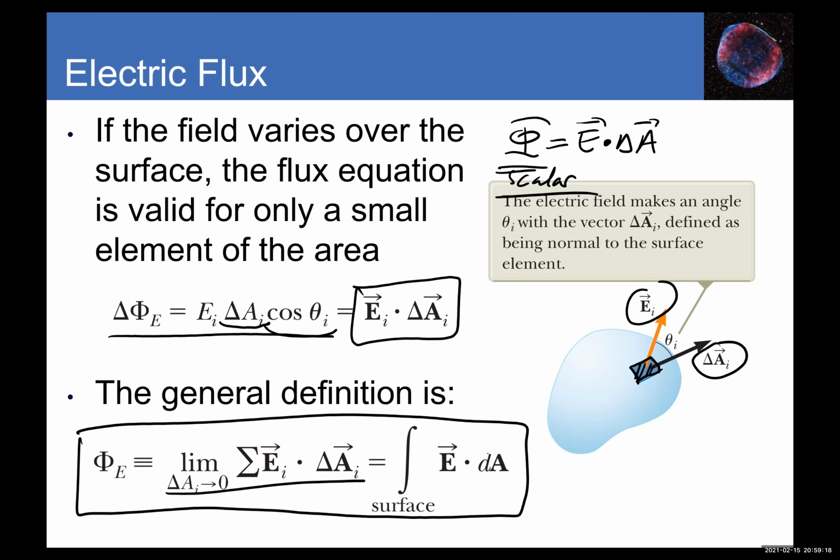So if I'm doing E dot dA3, I'm going to get 0 because the electric field is perpendicular to dA3, and the dot product between two perpendicular vectors is always 0. That means this is 0, and 4, 5, 6 are all 0. The only surviving ones are just 1 and 2.